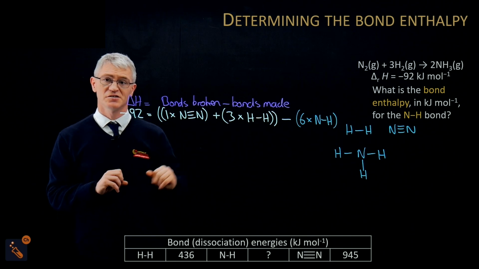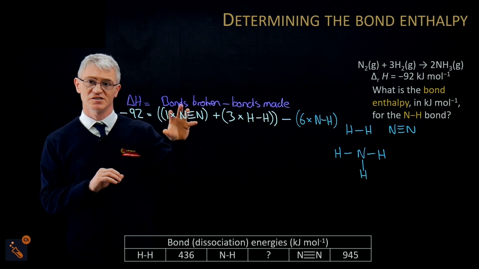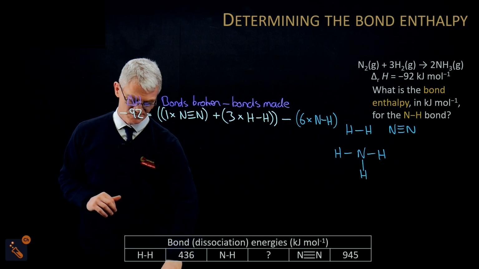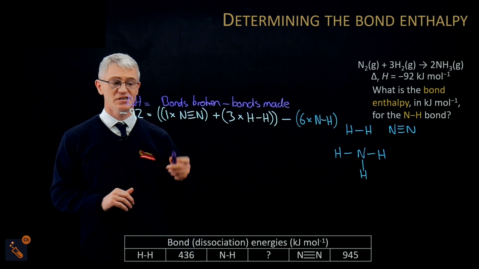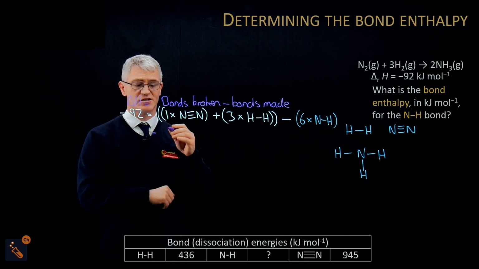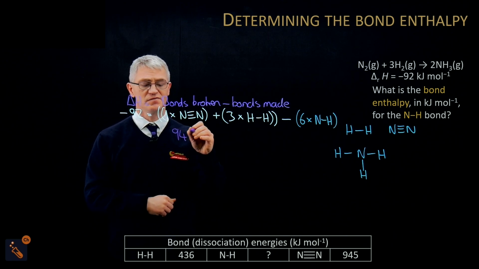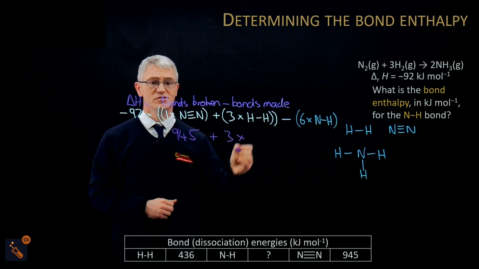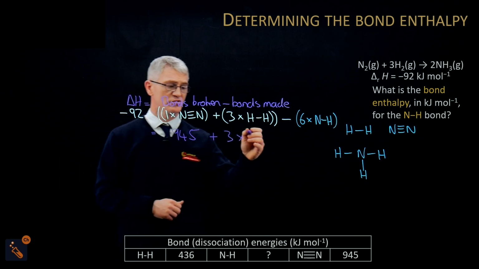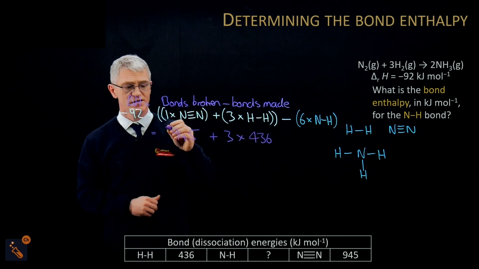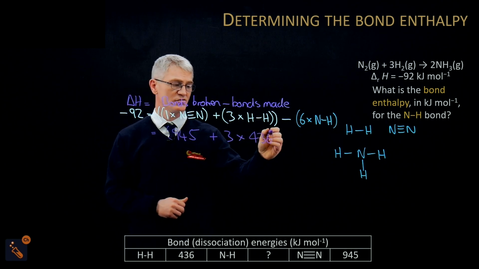Now we don't know our N-H, but we do know the rest of our stuff, so we know this. So what we can do is we can just substitute the numbers in. So if I substitute the numbers in here, N≡N, according to that, is 945. So it's 945 plus 3 times, and the H-H is 436. Okay? And then all I do, put that together.